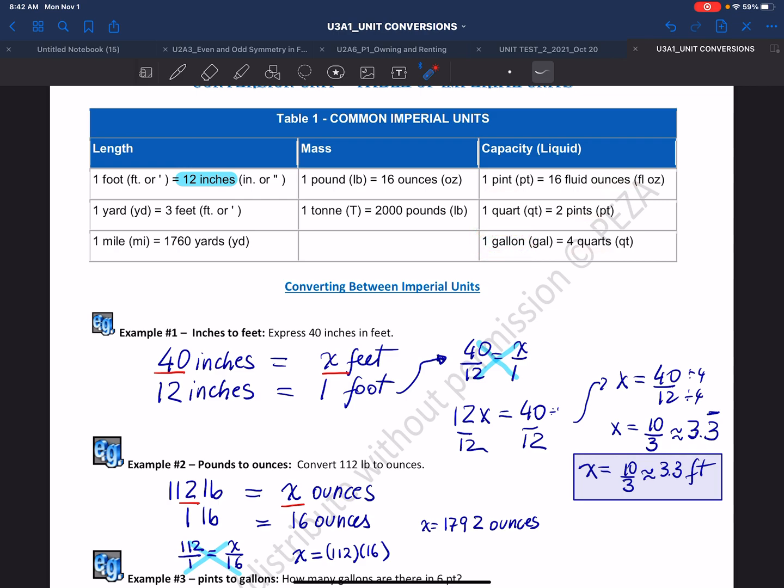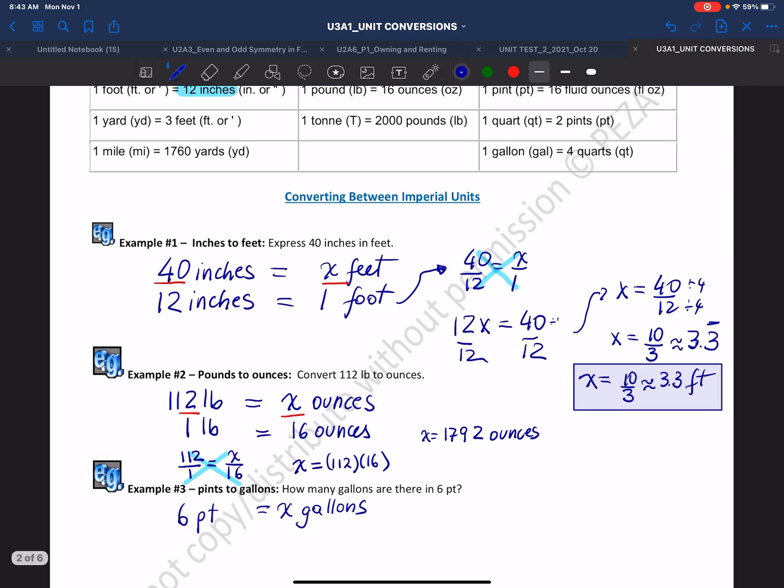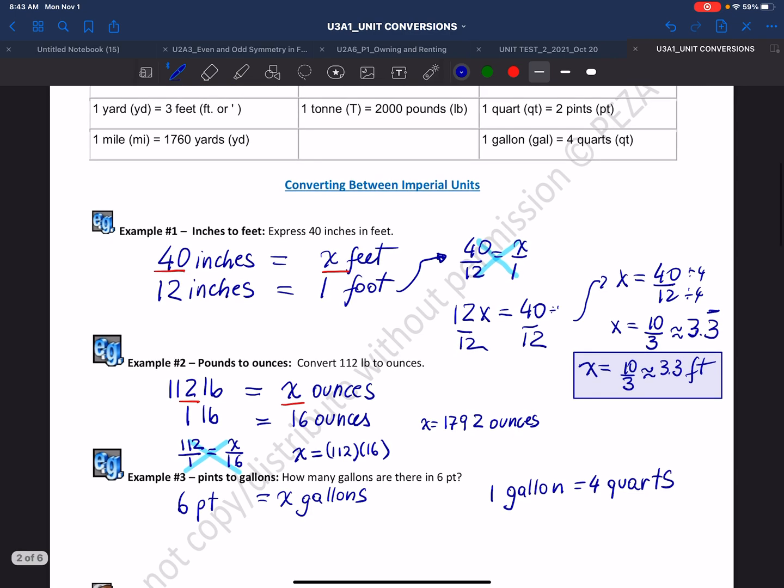So we're going to say, 1 gallon is 4 quarts, right? And 1 quart is 2 pints. So this is going to be a 2-step question because we want to have pints to gallons. So we'll say that 1 gallon is 4 quarts. Now, 1 quart is 2 pints.